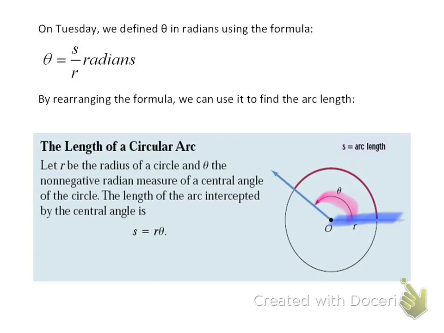With radians, it's super easy. It's a little bit more difficult with degrees. With radians, all you have to do is multiply the number of radians times your radius, and you're left with your arc length.